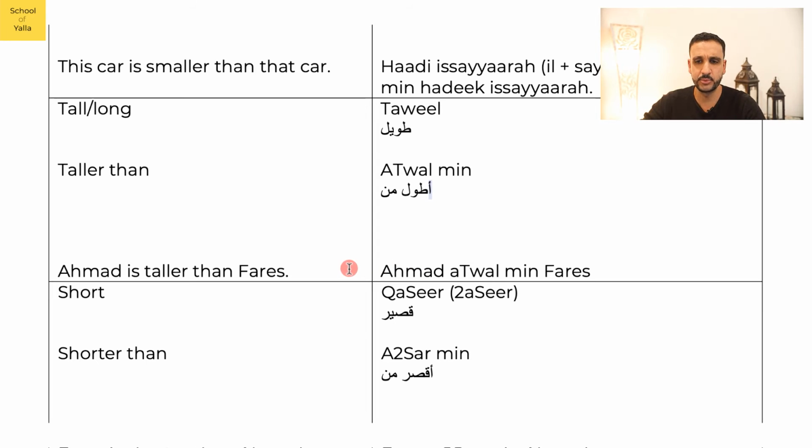Simple sentence example: Ahmad atwal min Faris. Ahmad is taller than Faris. Notice in Arabic we don't have "is," as a lot of you may have already known. Ahmad, just taller than Faris. Perfectly normal, because we don't have is, we don't have are, we don't have am, which in a way makes Arabic in these contexts easier.